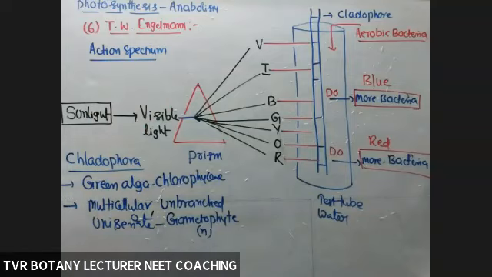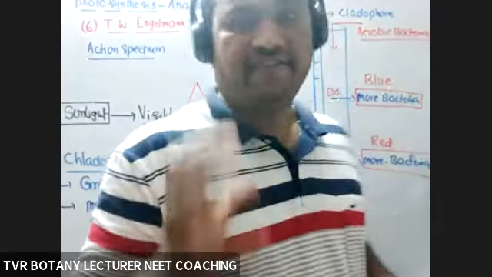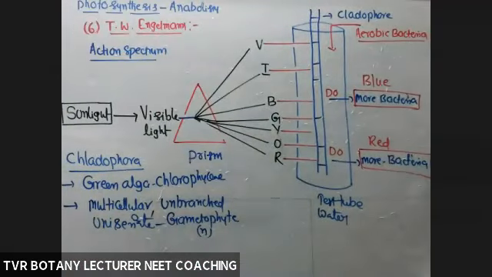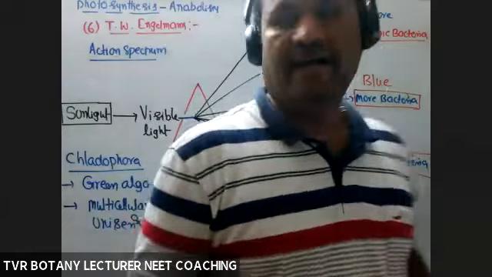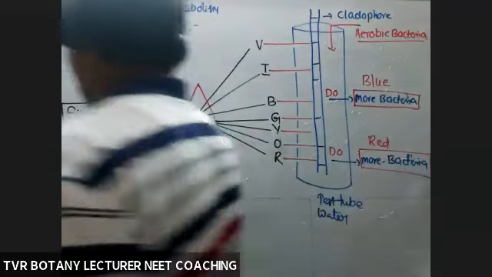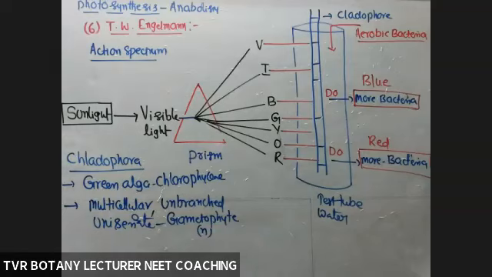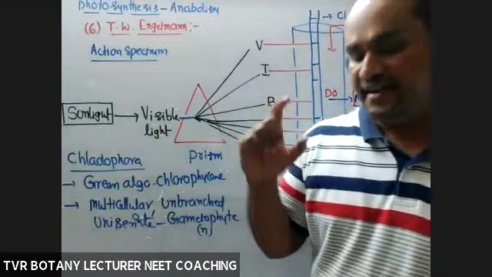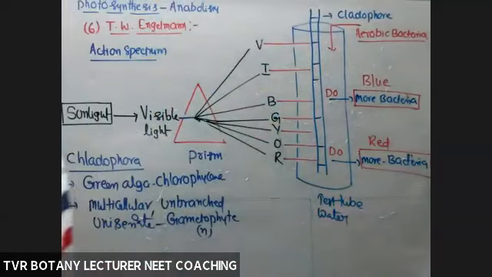An action spectrum means a graph that shows the photosynthetic ability of pigments at different wavelengths of light.